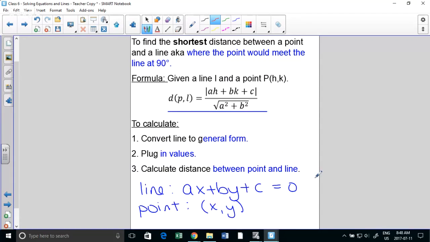That is why we need general form. So this is general form, okay? This a goes here and here. So it's the number that's attached to the x. This b comes from this number here. This c comes from this number here.